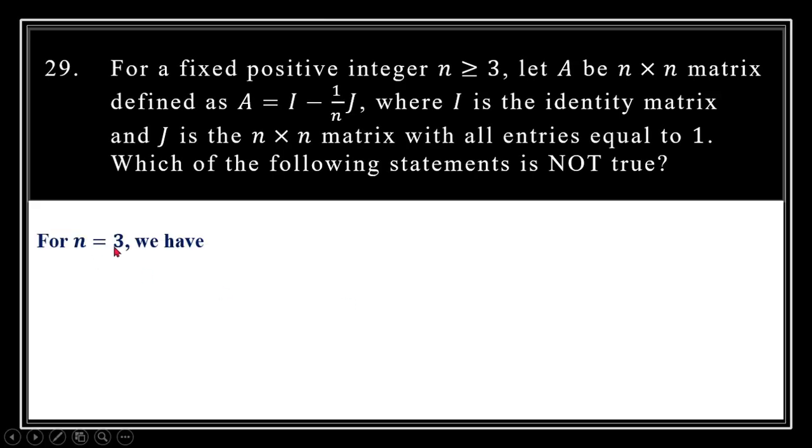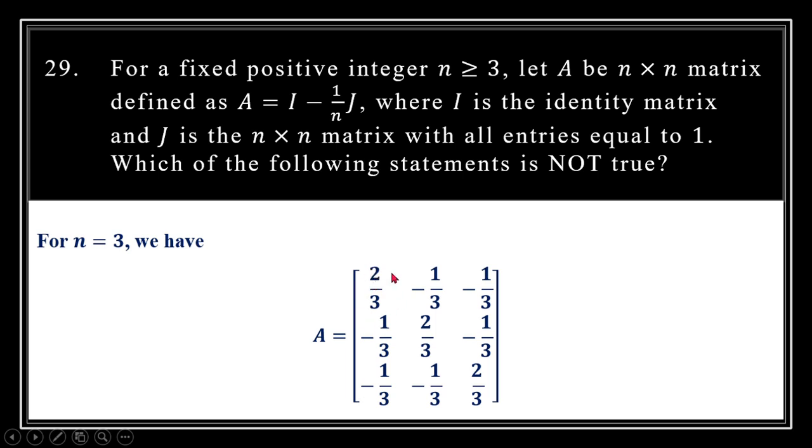For n is equal to 3, we can get A is equal to identity matrix minus 1 by 3 times J. I is the identity matrix 1 0 0, 0 1 0, 0 0 1 and J is the matrix with all entries 1, that means 1 1 1, 1 1 1, 1 1 1. So 1 by 3 times J means it will be 3 by 3 matrix with all entries equal to 1 by 3.